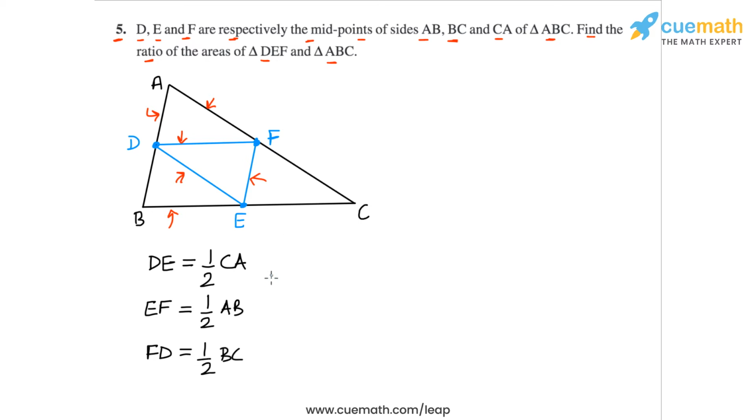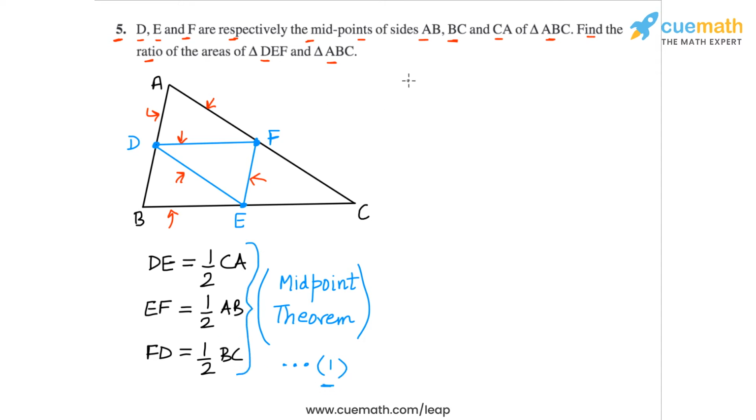The reason for all of these equalities is the midpoint theorem. The midpoint theorem says that if you join the midpoints of any two sides of a triangle, the segment you get will be parallel to the third side and equal to half of the third side. Let's say that all of these form the set of equalities 1.